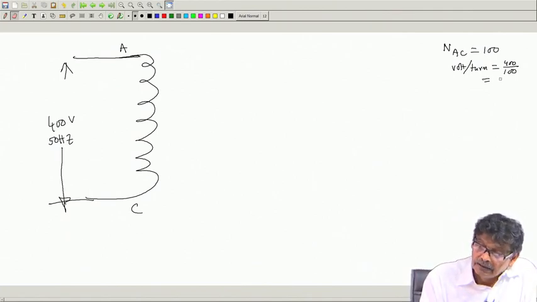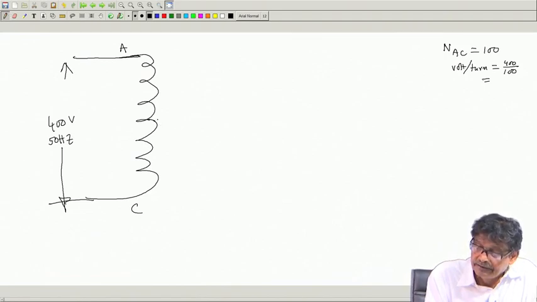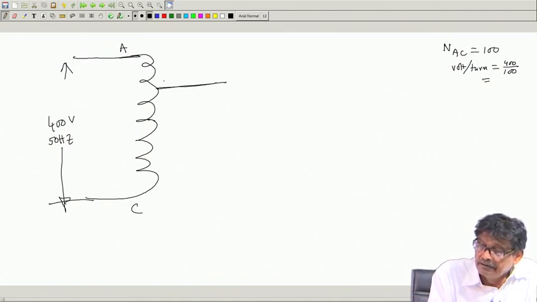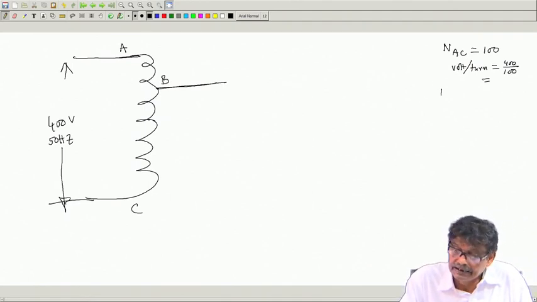Now, what I am doing is taking a tapping from point B such that N B C is equal to, suppose, 75.